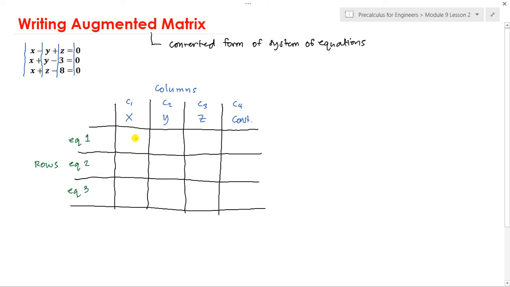The x is a variable. Okay, 1. So again, what we put here is the coefficient, not the variable. Okay, we put 1. How about column 1, equation 2? 1. Column 1, equation 3, 1 also, right?